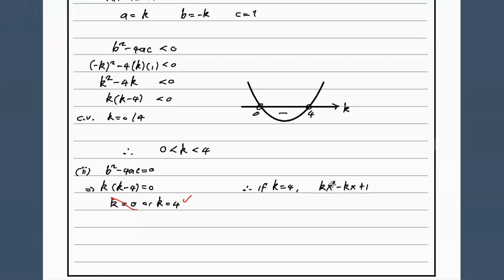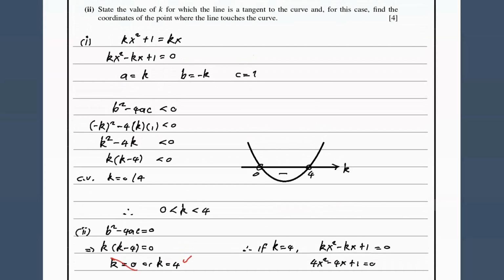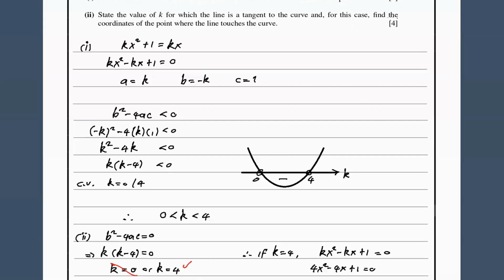We can substitute 4 here, which means we'll be having 4x squared minus 4x plus 1, and we are equating that to 0. Remember, we're trying to answer the part that said, for this case, find the coordinates of the point where the line touches the curve. So this is all equal to 0.